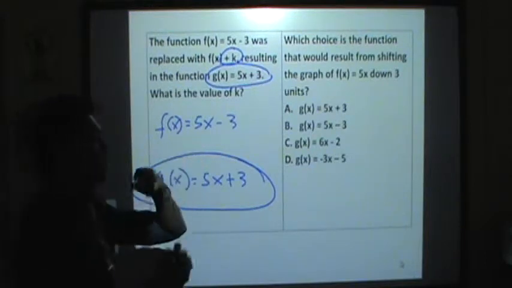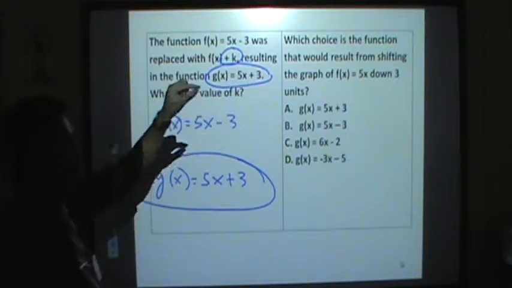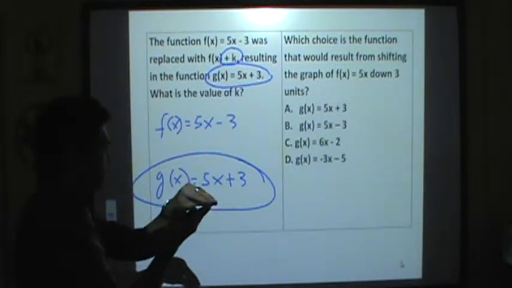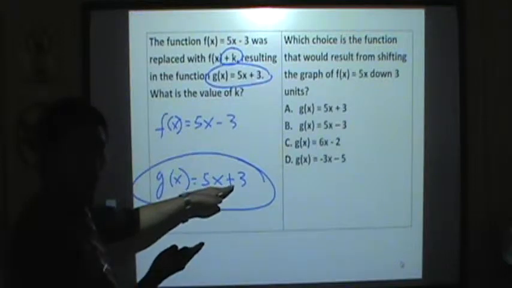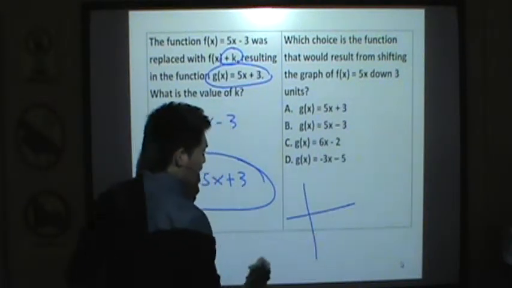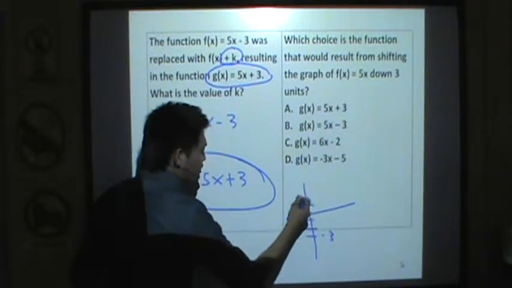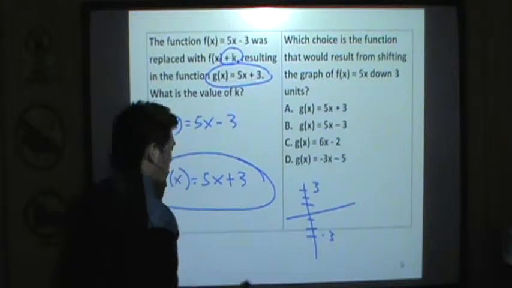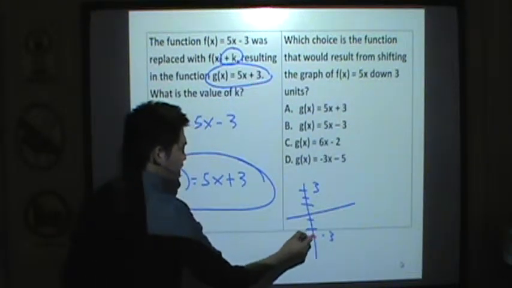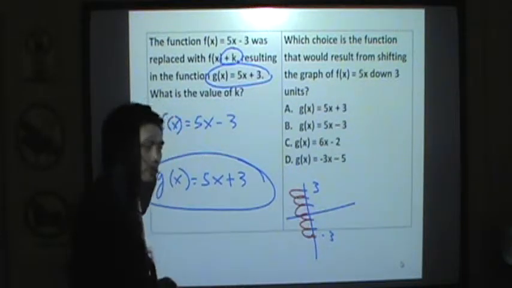Now, first you need to identify the y-intercept of the first function, which is -3. From -3, you have to go up to the y-intercept of the second function, which is +3. From the y-intercept -3, you count 1, 2, 3, 4, 5, 6 units up.